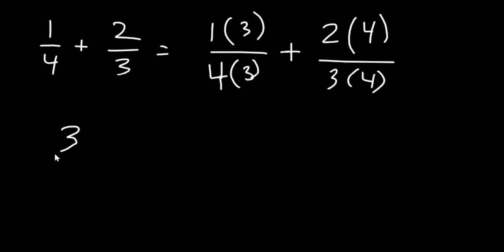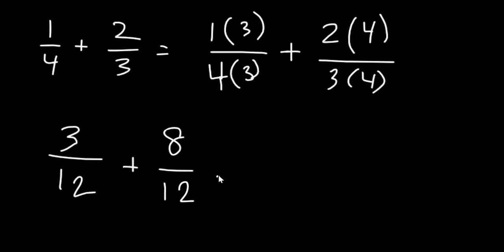Simplify that to 3 over 12 plus 8 over 12. You don't touch the denominator, and we add the numerators, we get 11 over 12. The same can be done with subtraction, as long as you have the same denominator.